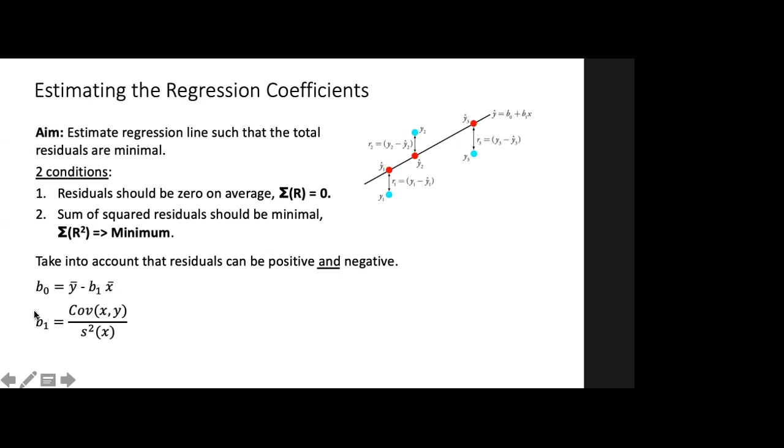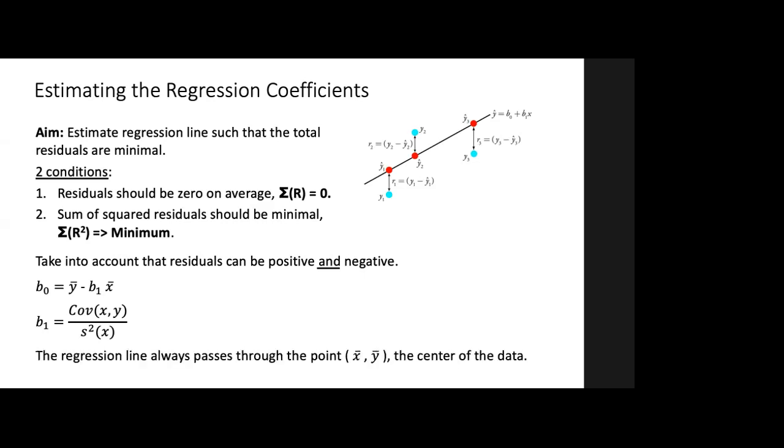And our slope parameter is nothing but the covariance between x and y, so between predictor and outcome variable, divided by the variance of x. So it's covariance of x and y divided by the variance of x. It basically corresponds to the change of y per unit change of x.